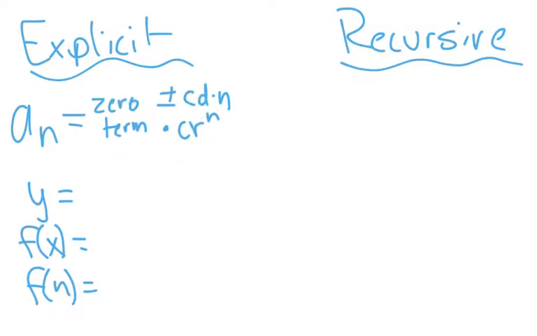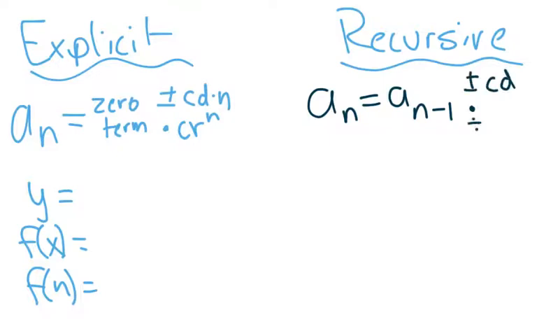In recursive, remember, that growth we show, because recursive deals with the outputs, is that the next output is equal to the previous output and then the common difference or constant ratio. So we're either adding or subtracting the common difference, or multiplying, or in this case dividing, by the constant ratio.